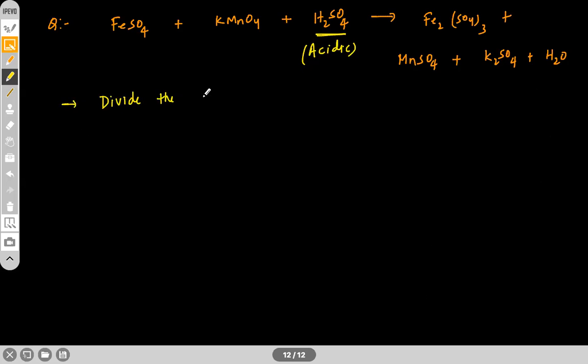Divide the equation into two halves, right? One is oxidation half, other one is reduction half. So just tell me the oxidation state of iron here and oxidation state of manganese. Tell me, guys.